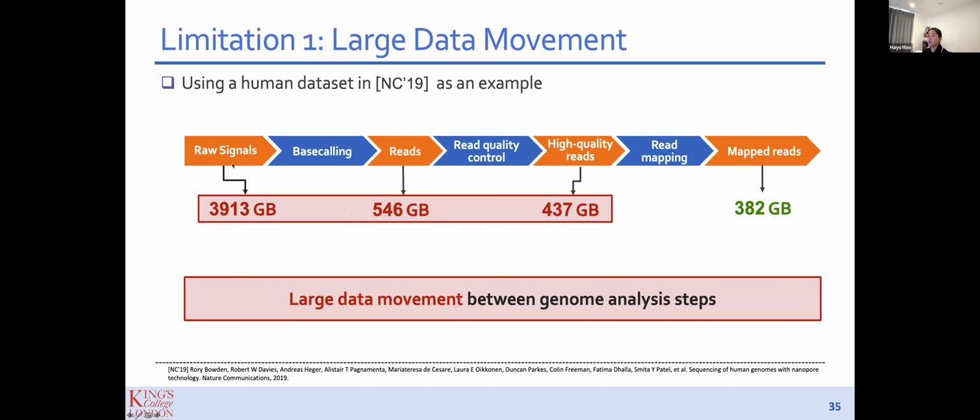As you can see, after each step we discard some data, but we transfer all of the data step by step, from the storage to the memory, and then from memory to the computation units. So here is an example of how much data is transferred between these steps.